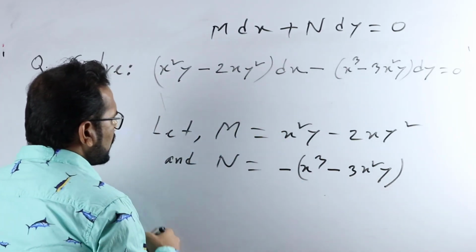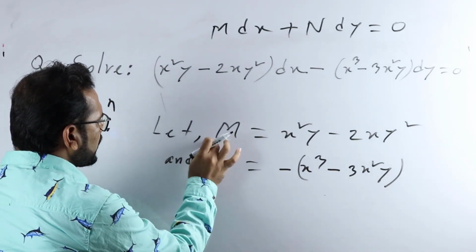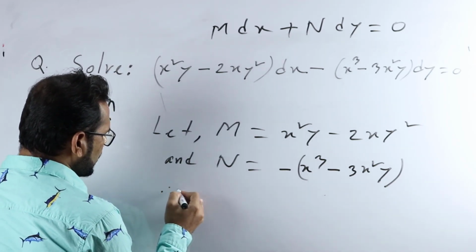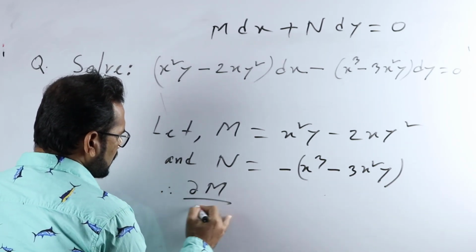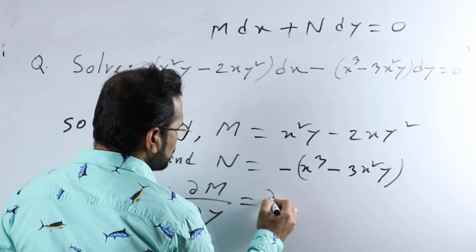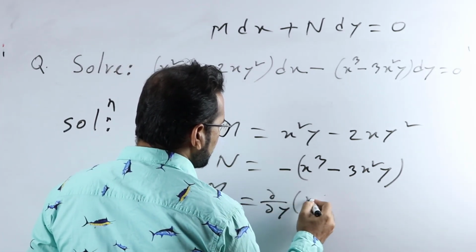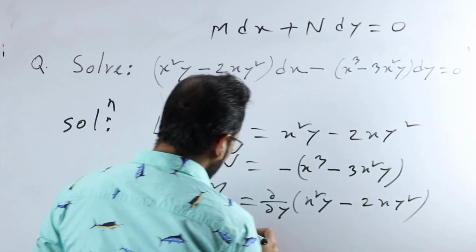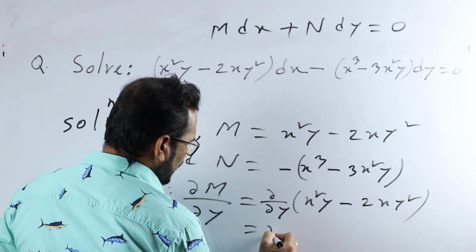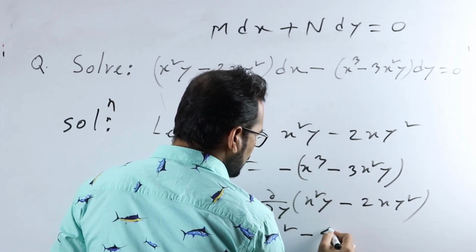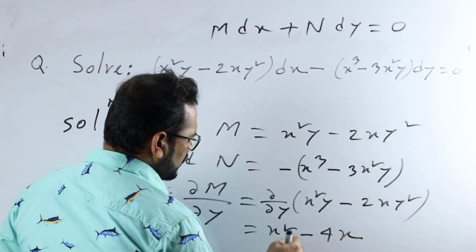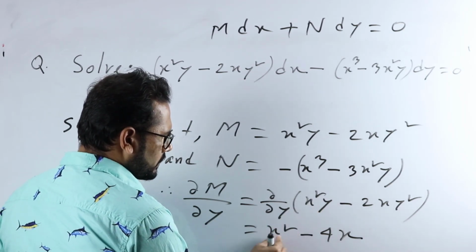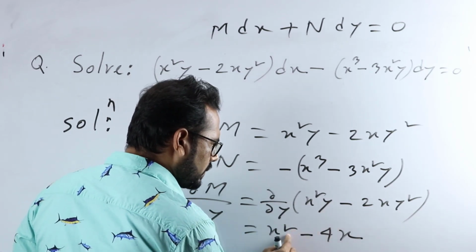After that I am differentiating M partially with respect to y, and we will get del y of M is equals to del y of (x square y minus 2x y square), and then it will be x square minus 4x y. Because here x is a constant term, we have taken it out, and del y of y is 1.